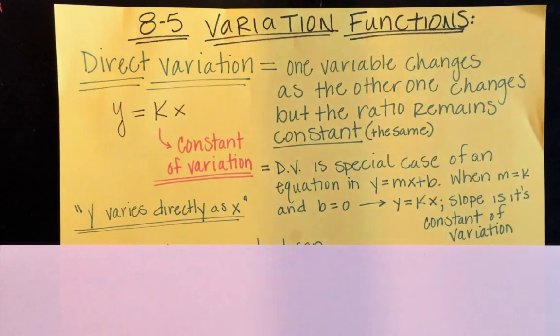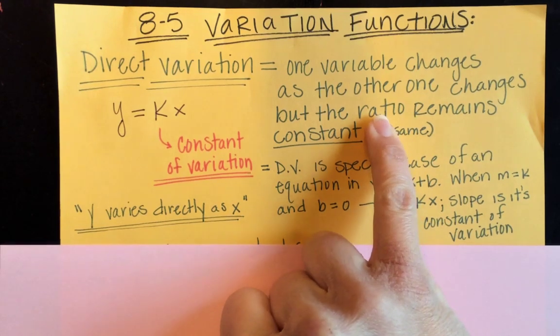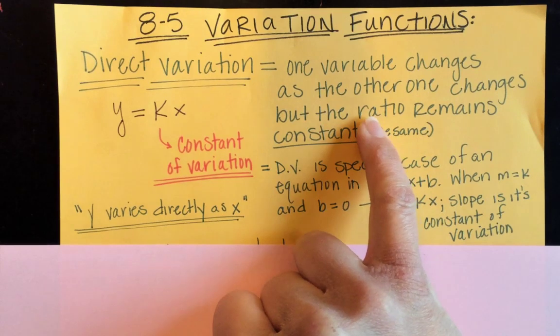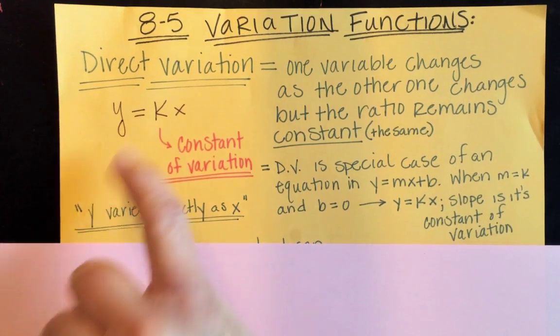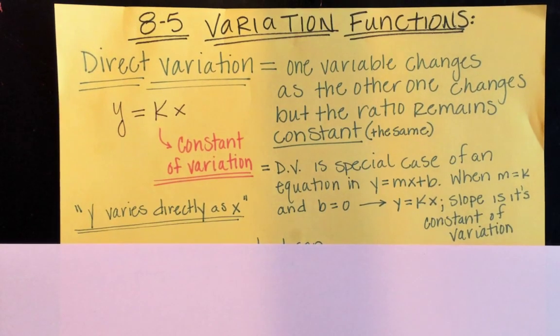So our direct variation has this constant ratio, and that's going to be the difference between direct variation and inverse variation. Direct variation is going to have a constant ratio, our slope, so to speak, where inverse variation has an actual constant, a whole number type answer that gets to be the same no matter which way you work it out. So direct variation and inverse variation are obviously opposites of each other. So we're going to do both of those today.